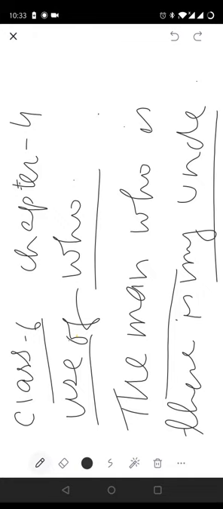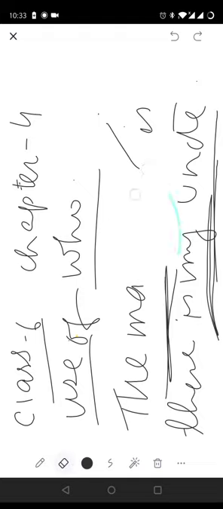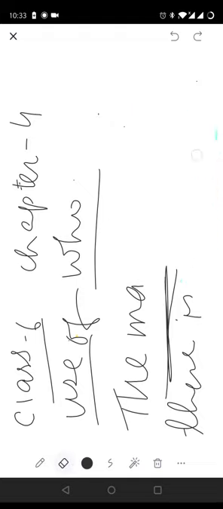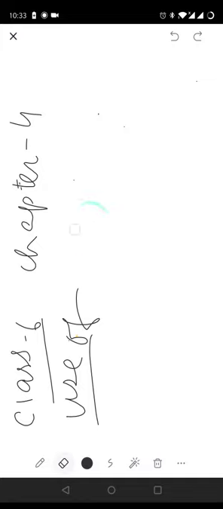So here who is used to connect these two sentences. Okay? Say yes or no. Repeat again. Exactly.